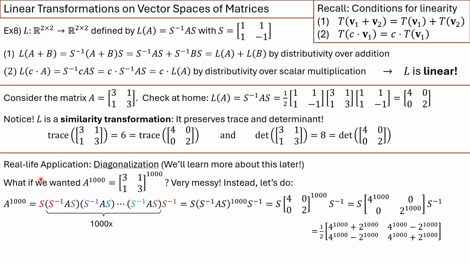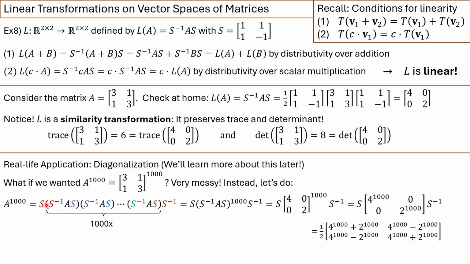For example, what if we wanted A to the power of 1,000? Doing that many computations is going to be very messy and result in numbers that we might not even be able to get on the computer. But we could actually solve this by hand using this great technique. If we have A to the 1,000, if we were to write these specifically, let's just add an S and S inverse right at the end.